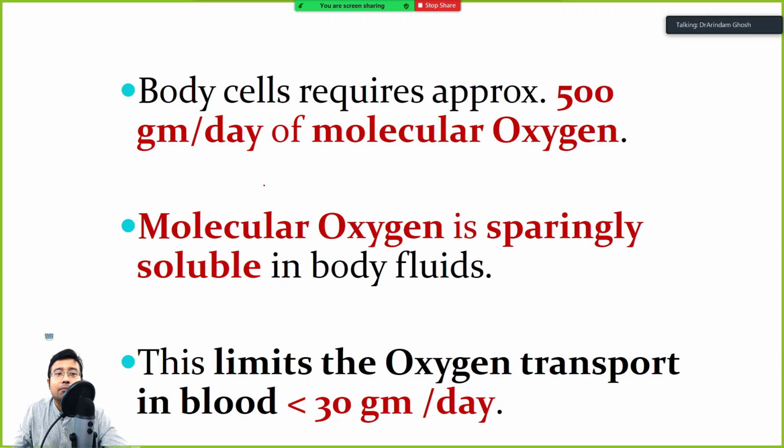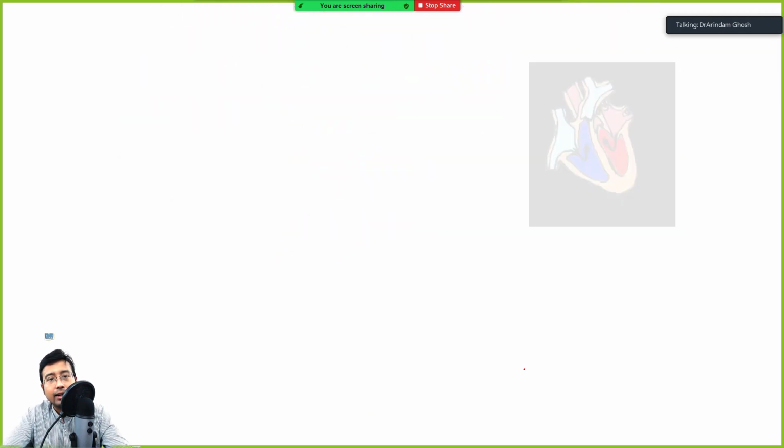Okay, just see the numbers over here. Body cells require around 500 gram per day of molecular oxygen. Okay, and since the solubility of oxygen is very, very low, this soluble amount of oxygen that is being transferred via the blood is less than 30 gram per day. So it is creating a huge deficit. There will be a gross hypoxia in the tissues, right?